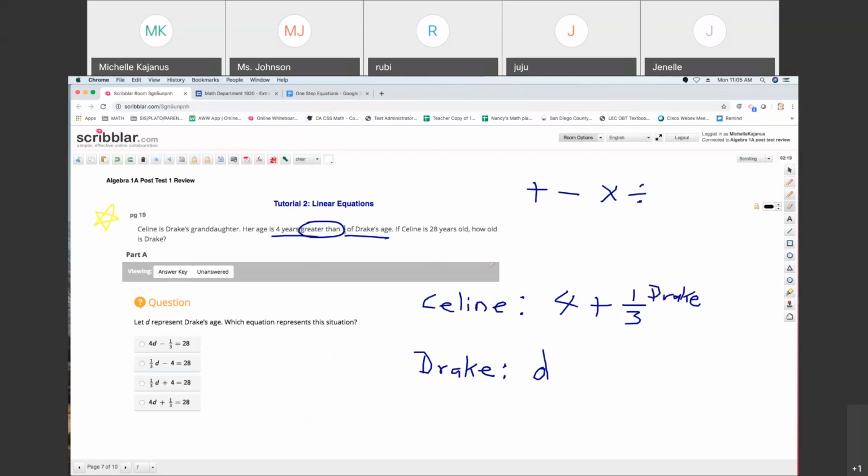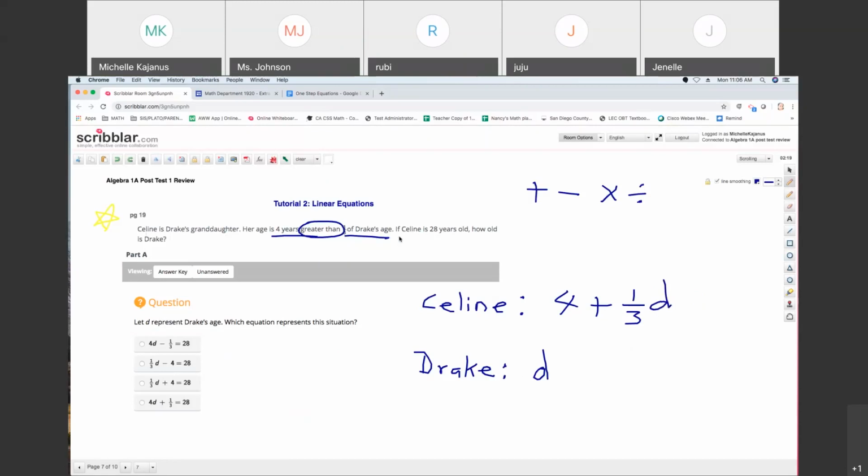I'm going to go back to Celine's information, and I'm going to erase Drake. So she's 4 years greater than 1/3 of Drake's age. And I'm going to replace the word Drake with D. 4 years greater than 1/3 of Drake's age.